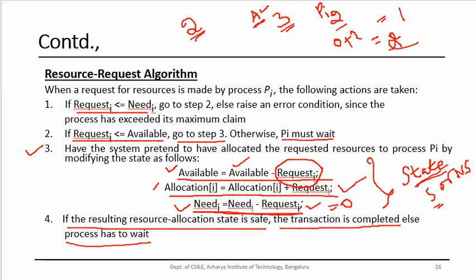We make sure that the allocation of resources will not lead the system to a deadlock state. Okay, we avoid committing this transaction, or making this transaction permanent, if this transaction leads to an unsafe state. What I mean by transaction is allocation of resources. Okay.